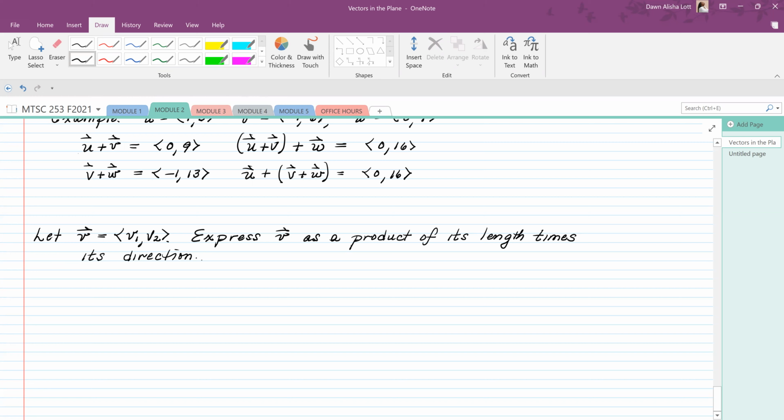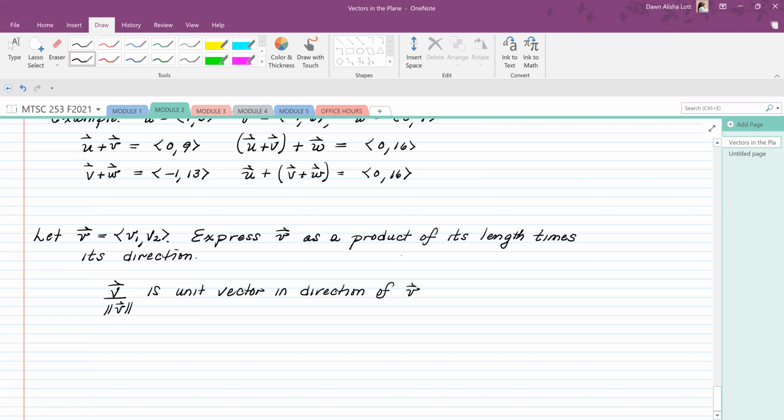It's actually rather easy. We already said we can make v a unit vector. So the vector v over its length is a unit vector in the direction of v.